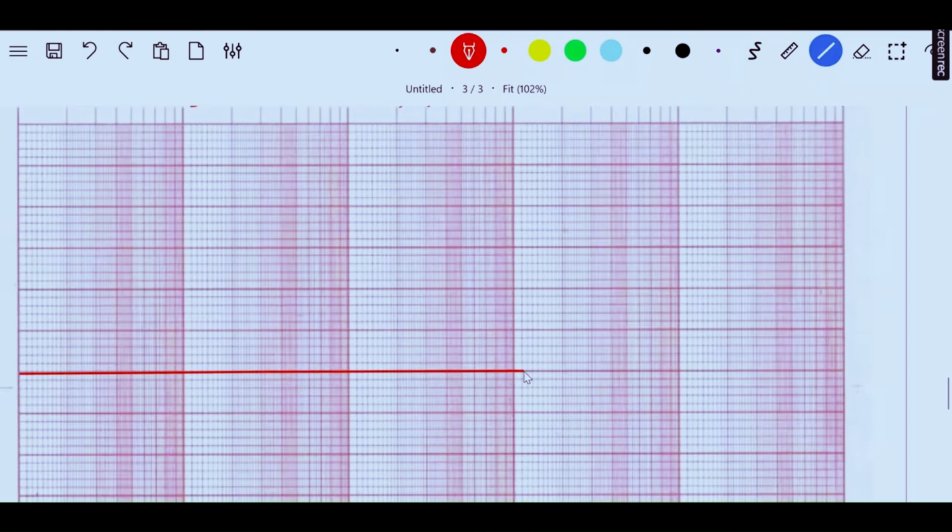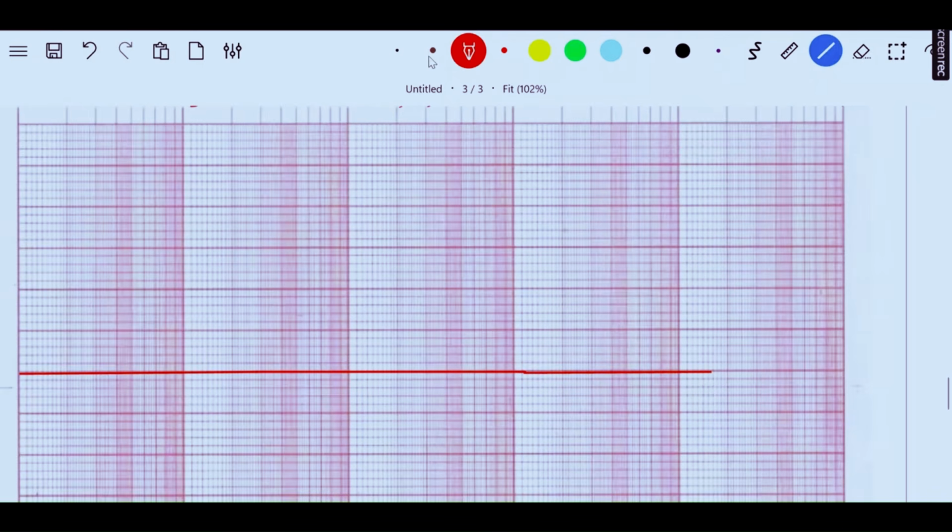So this middle line goes with 0 dB. Okay, I'll stop it. So this is 0 dB.